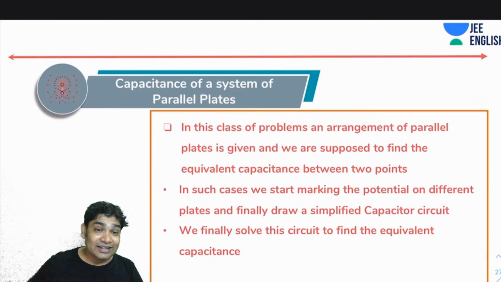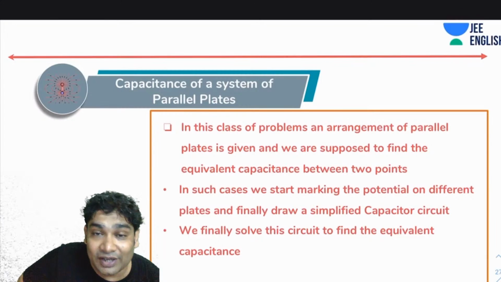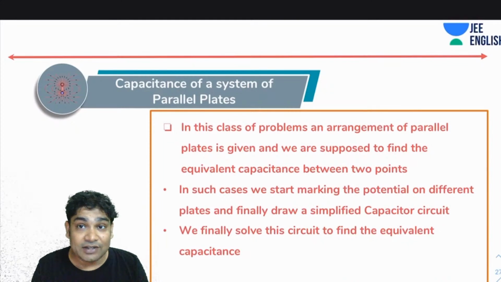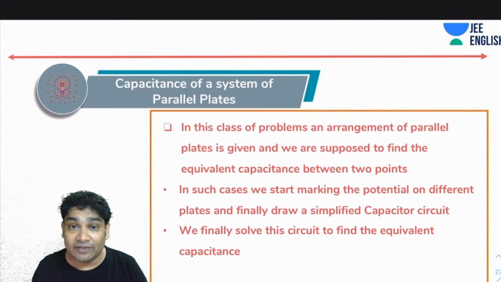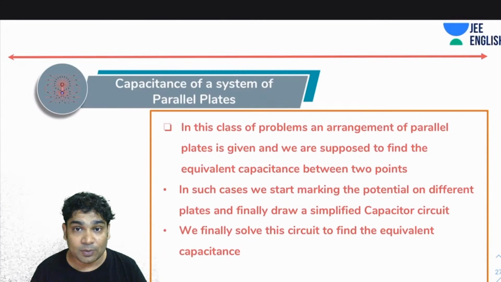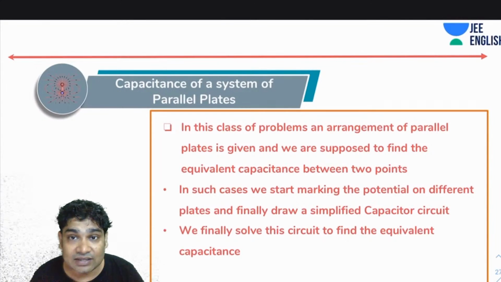Now, another class of problems that you will encounter with capacitors is finding the capacitance of a system of parallel plates. You're given a lot of parallel plates connected to each other, and you're supposed to find the capacitance of this system.